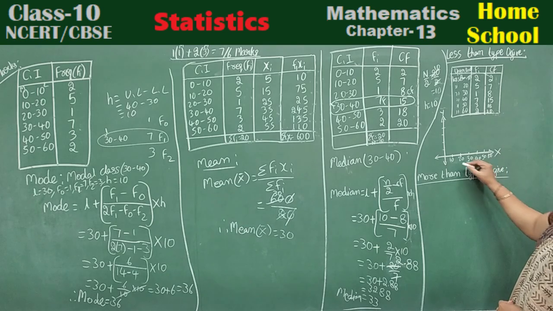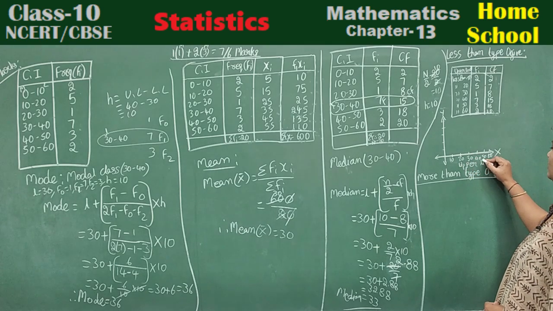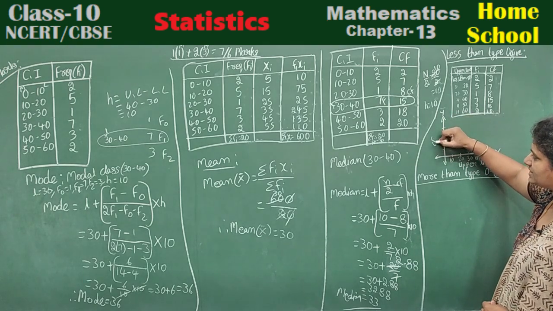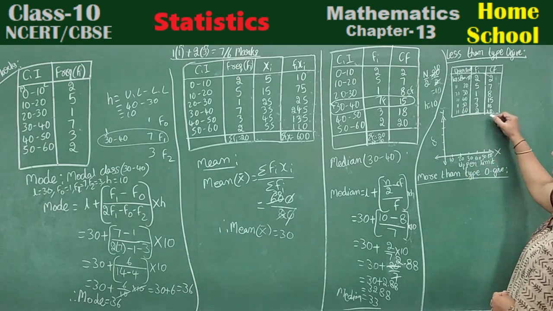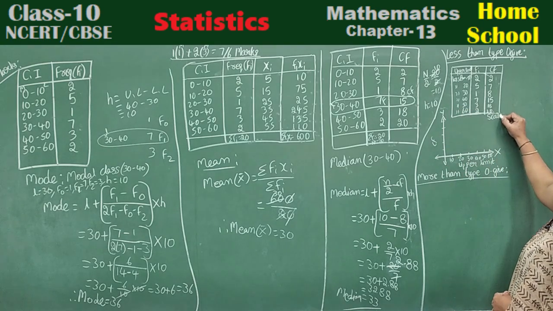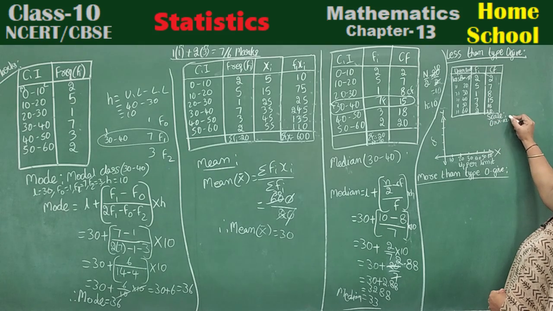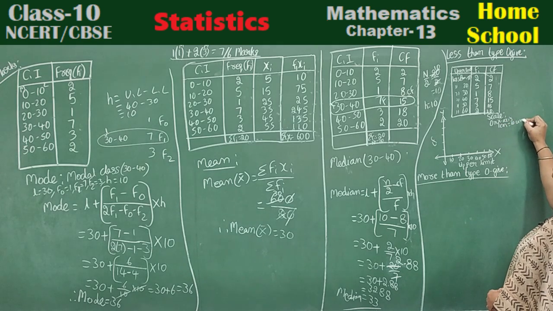Cumulative frequency. Right here, upper limit, on x-axis, upper limit, and on y-axis, write properly, cumulative frequency. Scale on x-axis, 1 centimeter is equal to 10 units.